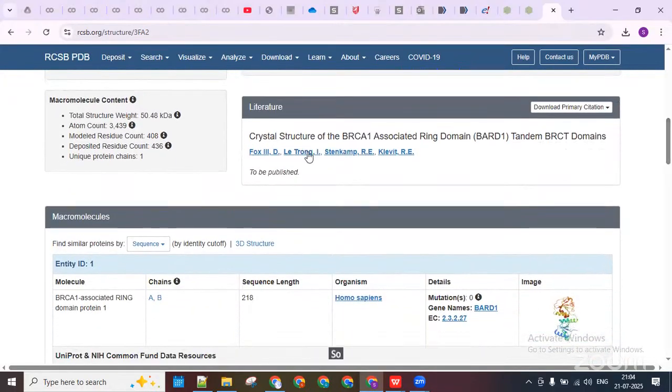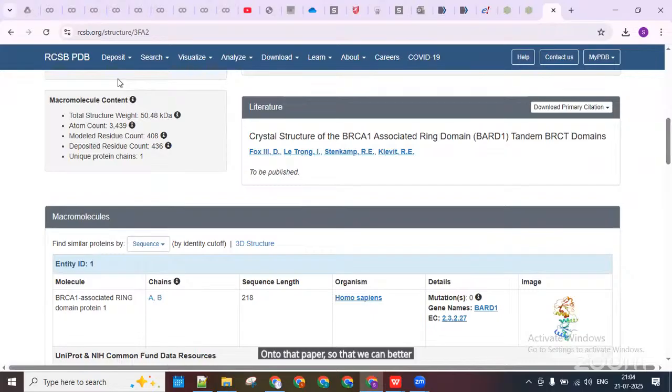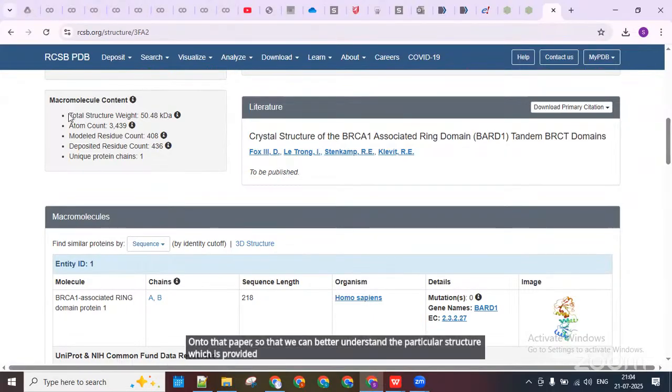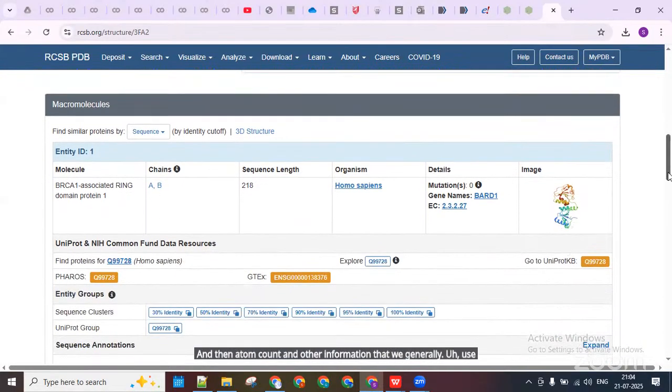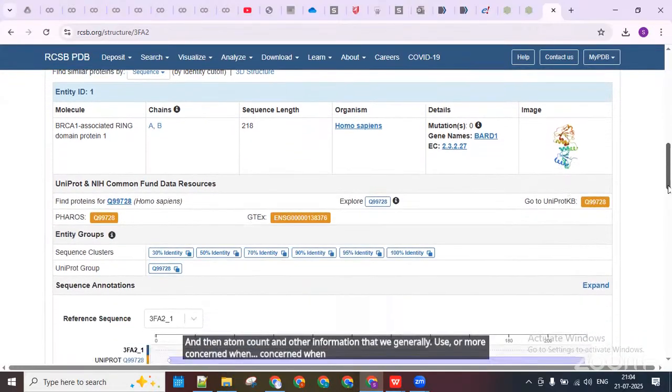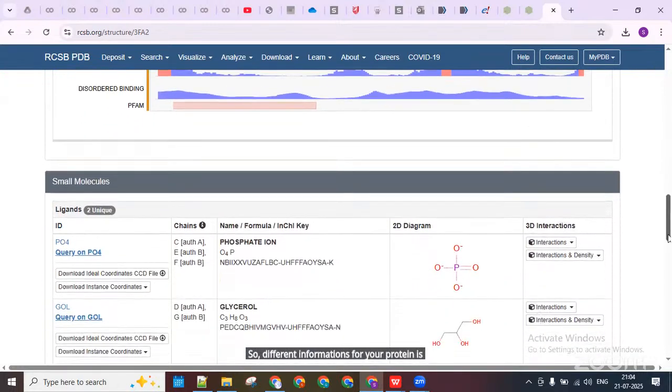There is a paper already published for this particular protein, so we can also refer to that paper, so that we can better understand the particular structure which is provided. Other information that we have for protein is the total weight, the atom count, and other information that we generally use or are more concerned with when we are dealing with proteins. So different information for your protein is mentioned here.